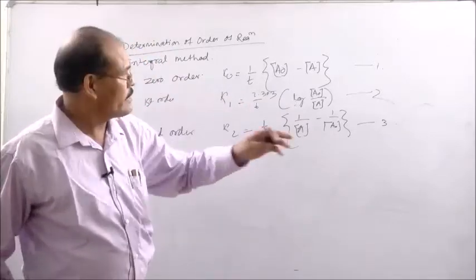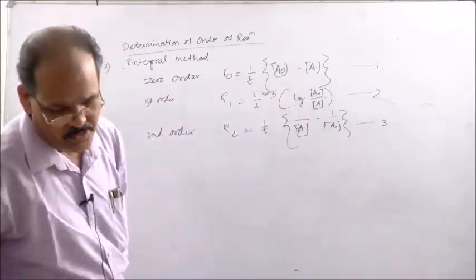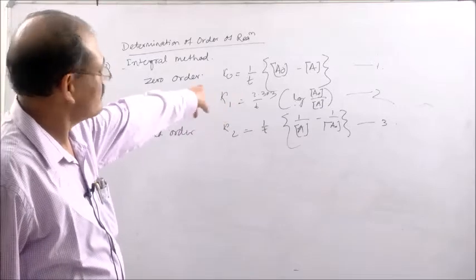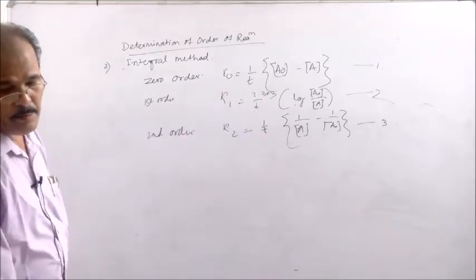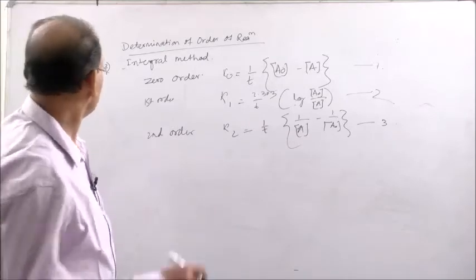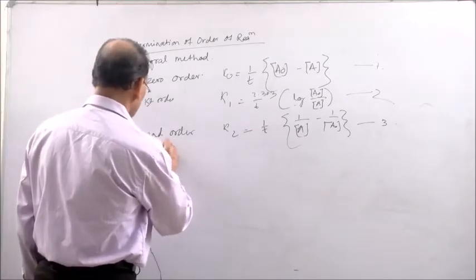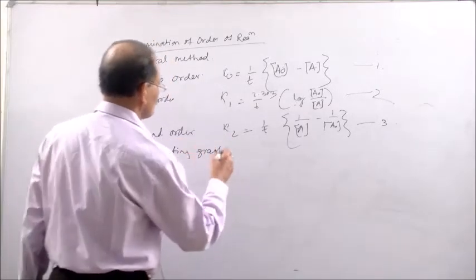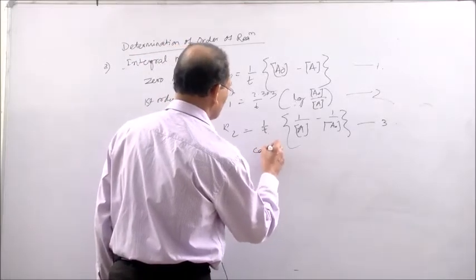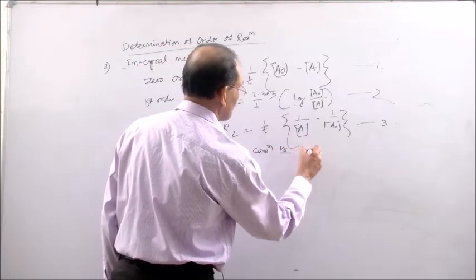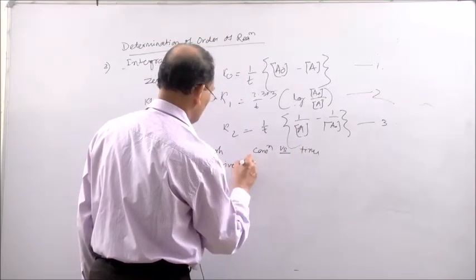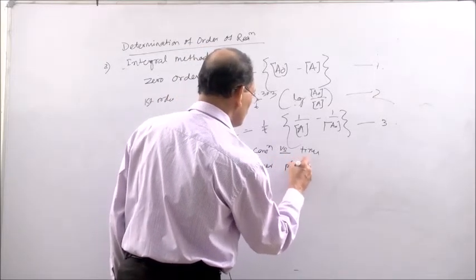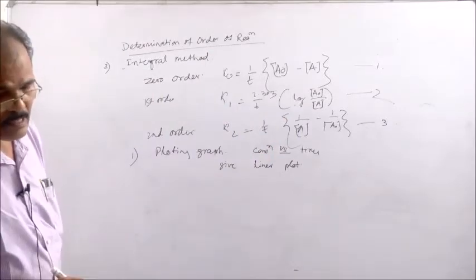In the graphical method, if we plot all the values, concentration versus time gives a linear plot.